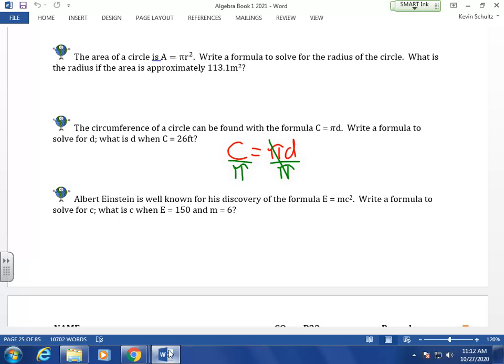And so our equation is C divided by pi equals D, meaning that the circumference of any circle divided by pi will equal the diameter. And it makes sense because if the circumference is equal to the diameter times pi, then the circumference divided by pi is going to equal the diameter.